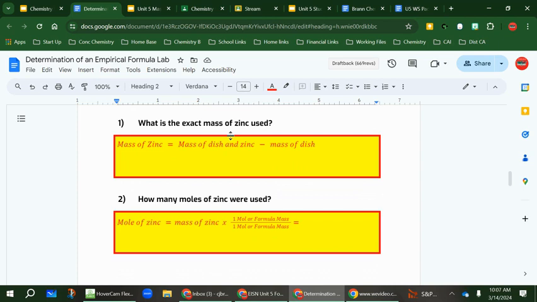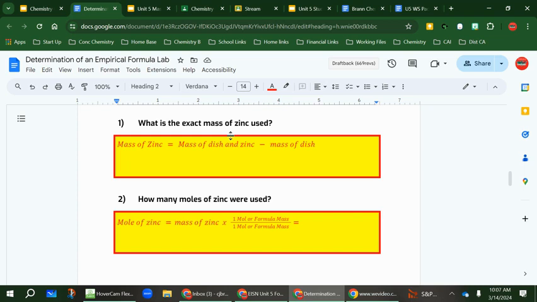Which list would you like? The long one or the short one? Yeah, you definitely can take your goggles off now that you're out of the lab. So in here, you can go into these formulas and replace where it says mass of dish and zinc with your numbers, and then that way you're showing me an example of the calculation. Well, you have to show me an example of the calculation. You can do it underneath if you want.